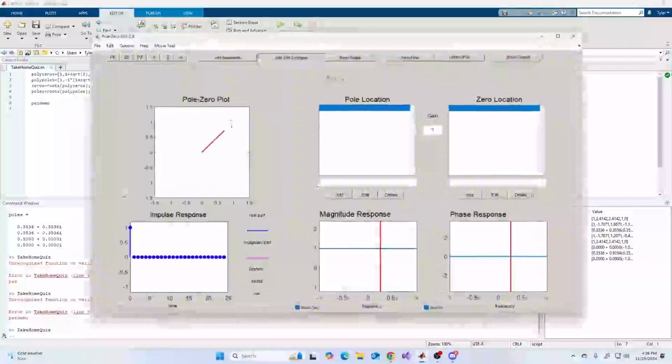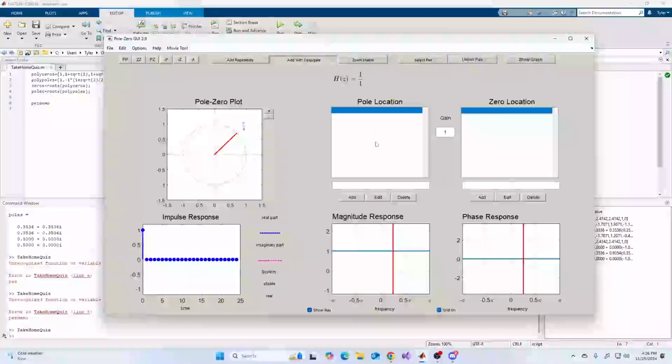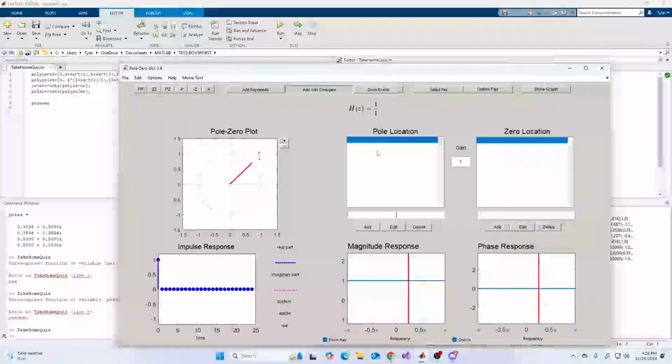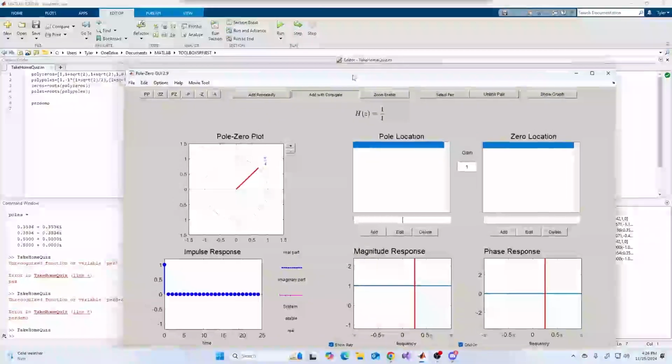Alright, cool. So, for my poles, all I want to do is plug in my equation, or I can plug in my actual values. Doesn't quite matter. Actually, no, I'm going to plug in my equation that I got. So, what do we get up top?